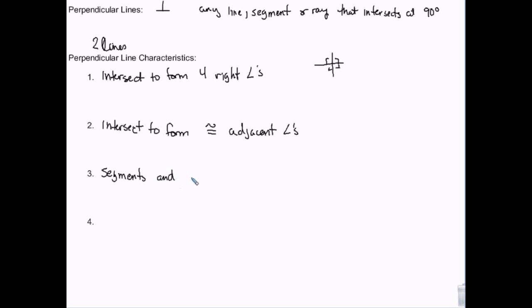Segments and rays. So if you have segments and rays, you can be perpendicular to lines or other segments and rays. Sorry, with this thing, my handwriting is just worse than normal.